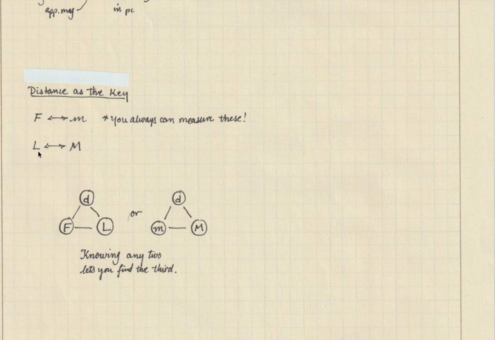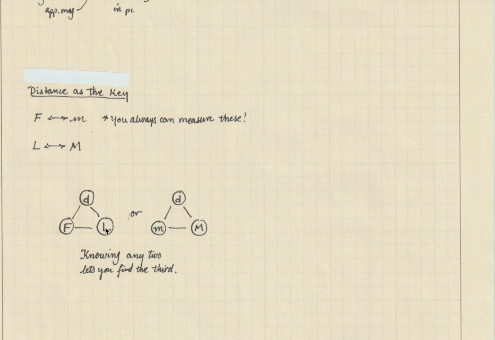The luminosity, or equivalently the absolute magnitude, you don't always know. You don't always have the ability to get it. To get that, you will generally need to know the distance or something else about the physics. So I'm making these little triangles here. If we take flux and luminosity and distance, any two of these allows you to get the third. That's why I'm drawing the triangle.